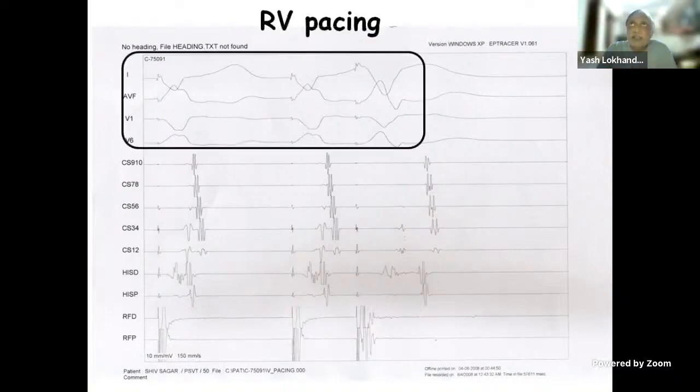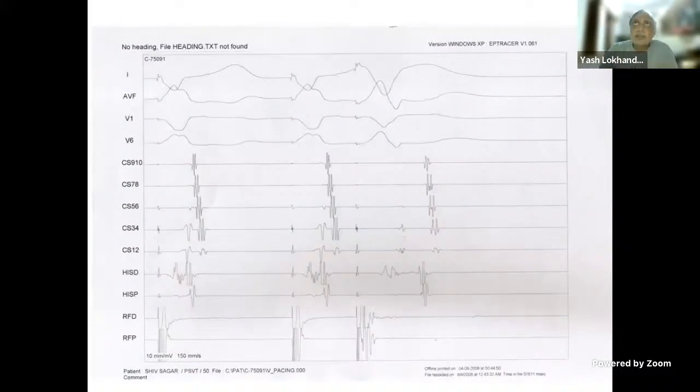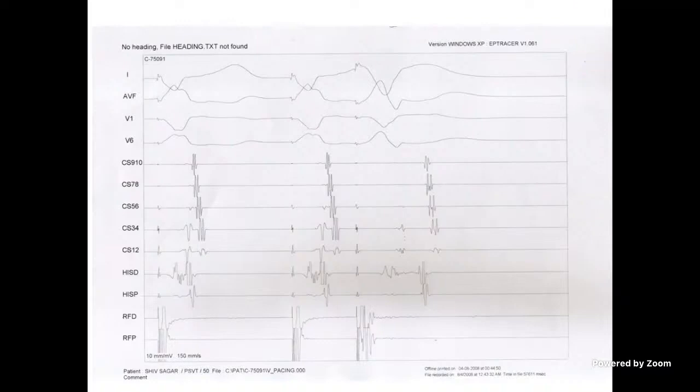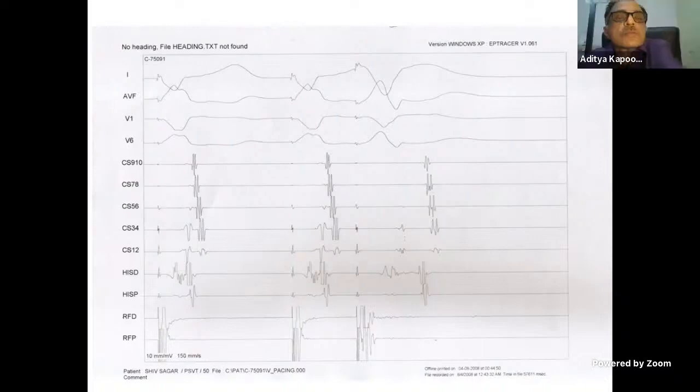So what is the axis? Is AVF positive or negative? Negative. Look at AVF. Which lead is AVF? Lead number 1, AVF, V1, V6.